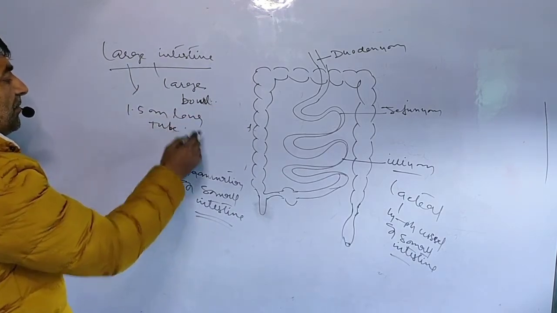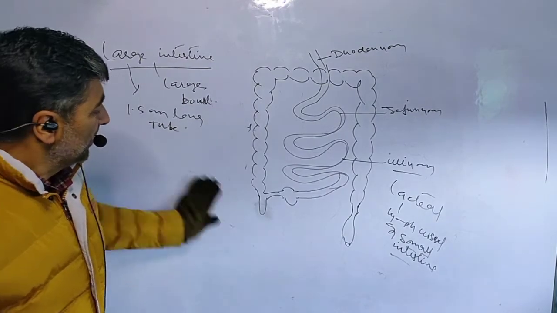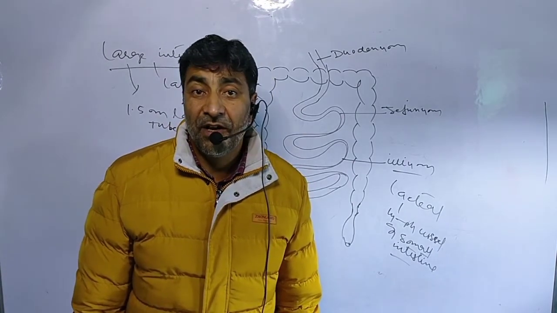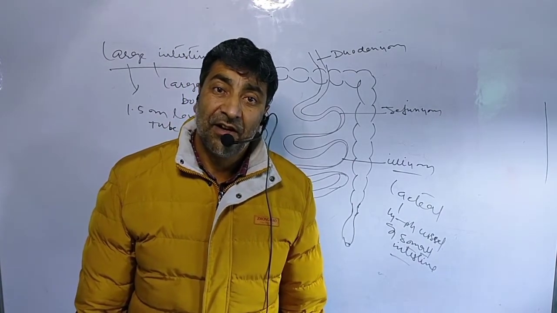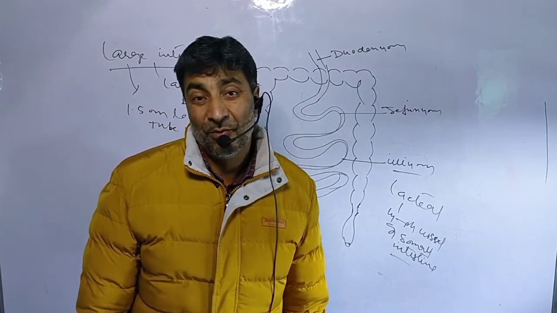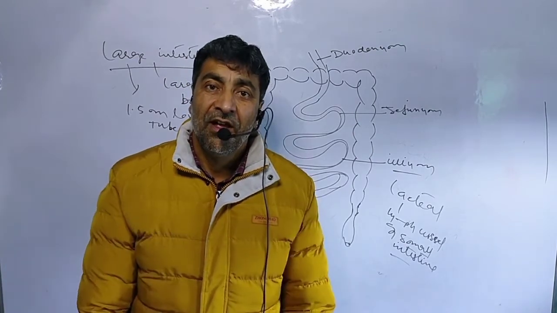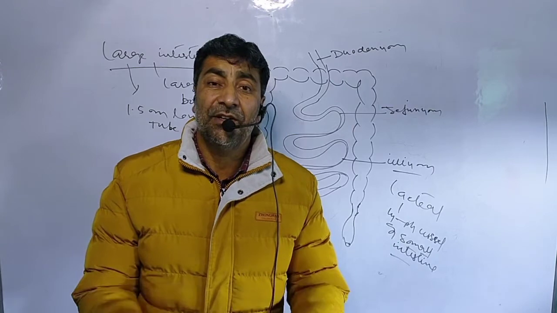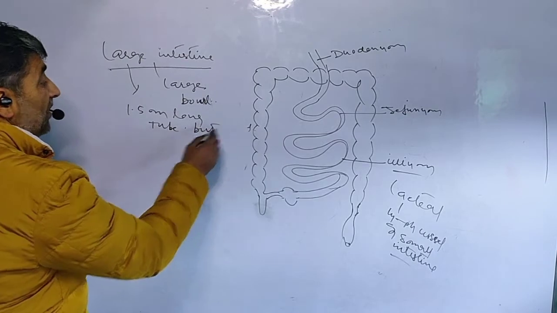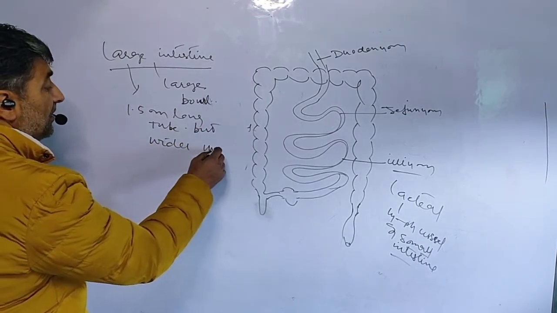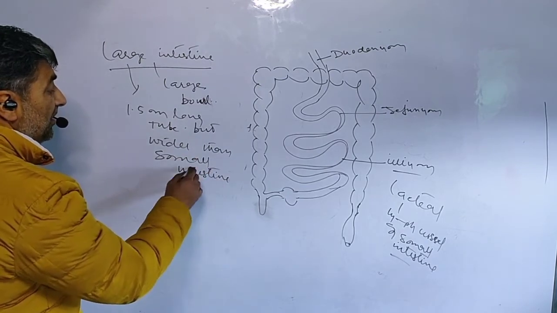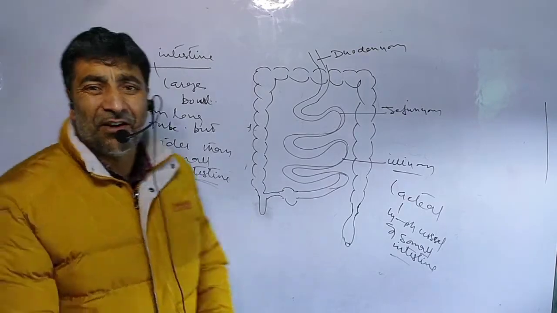Then why is it called the large intestine? It is called the large intestine because it is wider than the small intestine. No doubt the small intestine is 6 meters long, and the large intestine is only 1.5 meters long, but it is wider than the small intestine. That is why it is called the large intestine.